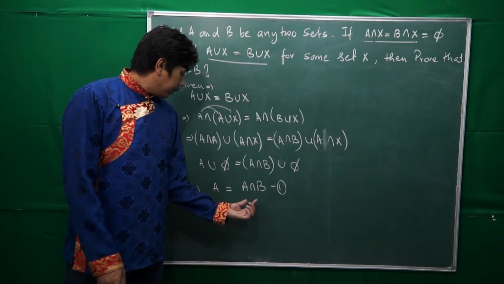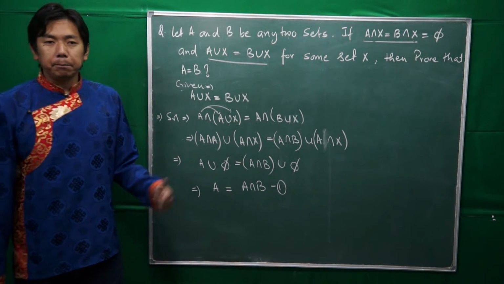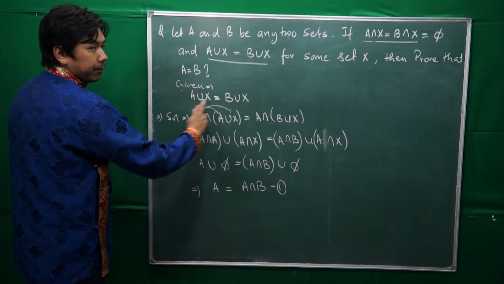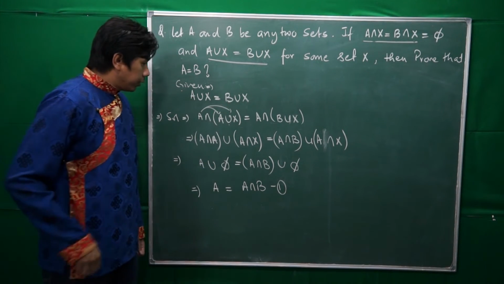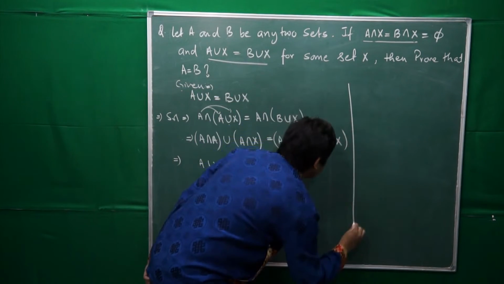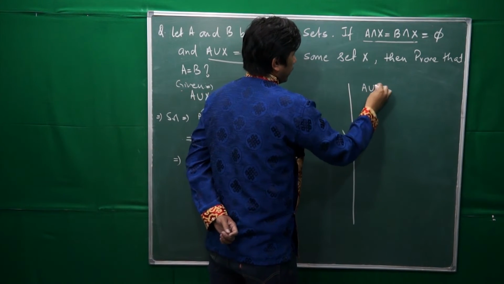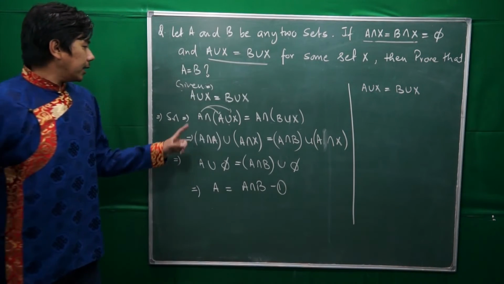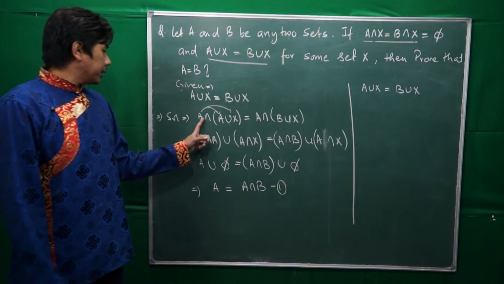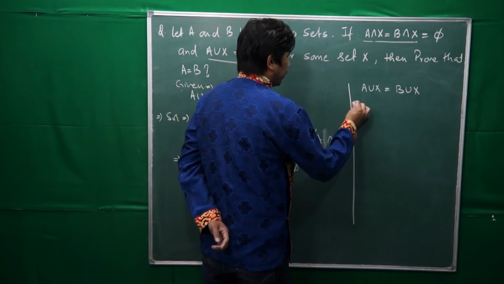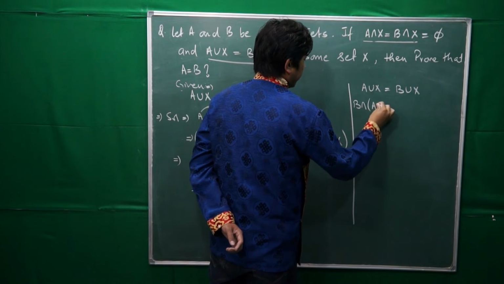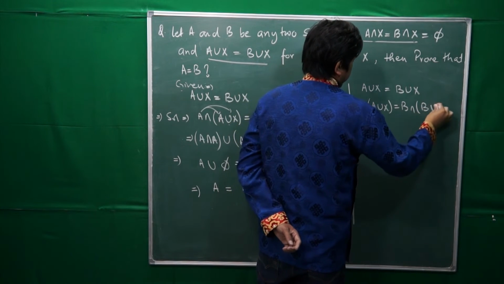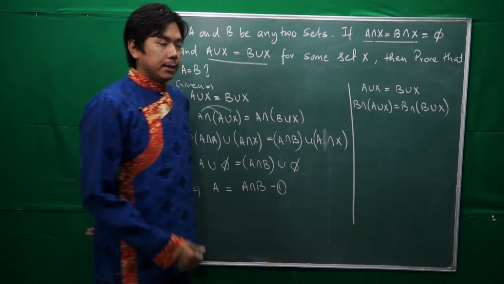So what we'll do is, we'll prove A intersection B is equal to B. Alright. So to prove that, again, we'll be going with the same equation. A union X is equal to B union X. Okay. In the previous case, we used intersection with A. So over here it would be B intersection B union X. Simple.